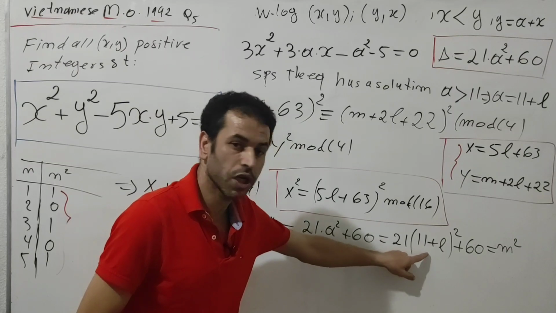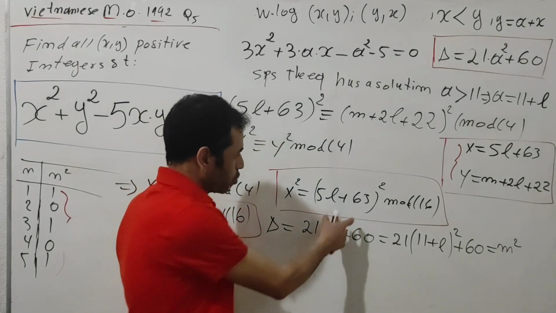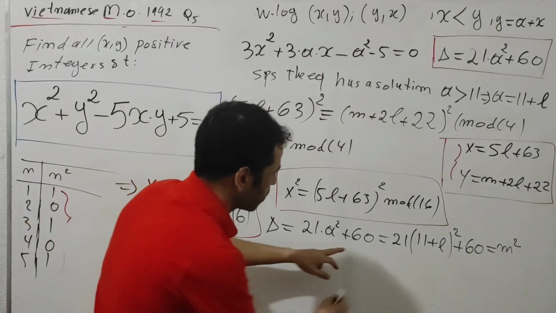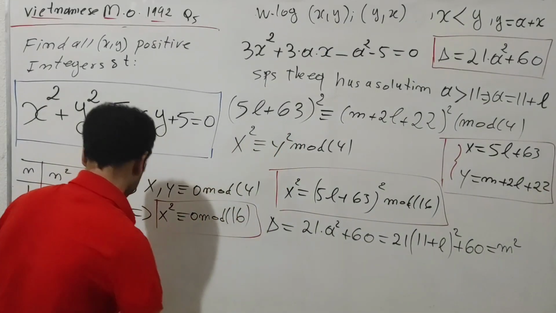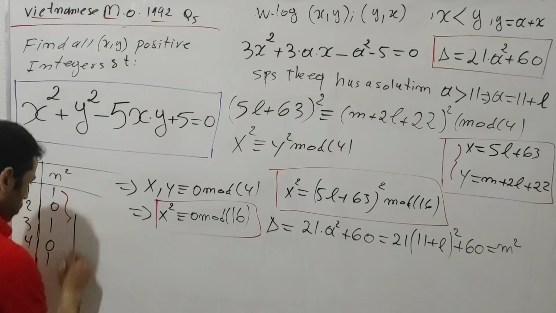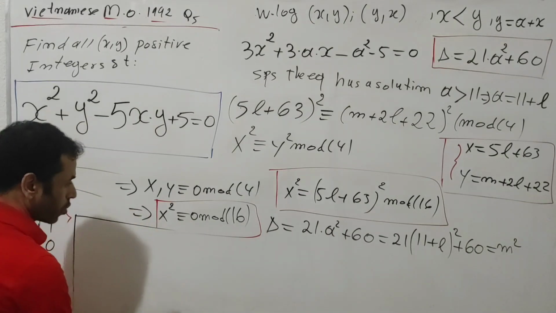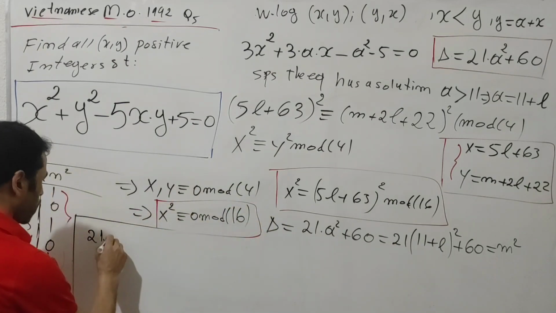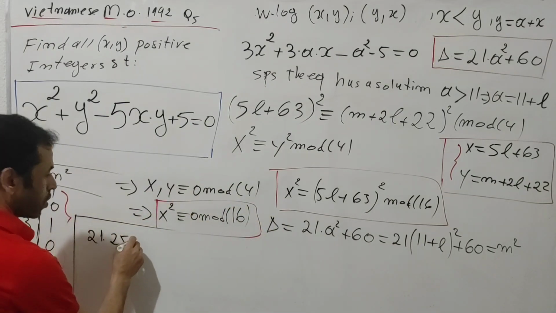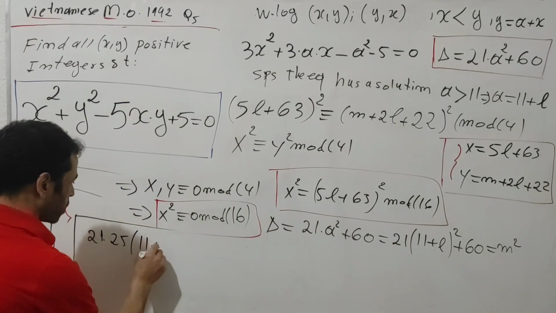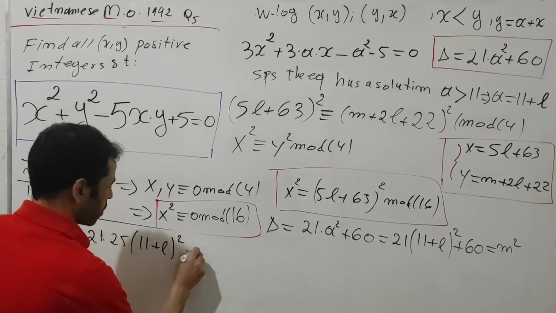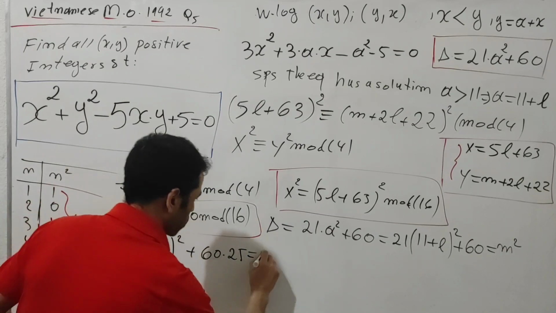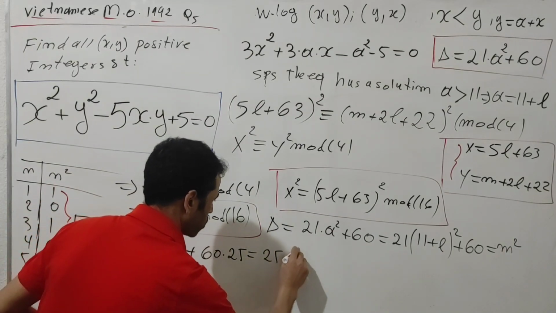So I'm going to use a trick in order to get to this expression similarly. In order to do that, I'm going to multiply both sides by 25. So we'll have 21 multiplied by 25 multiplied by (11 + L) quinary square plus 60 multiplied by 25 equals 25 multiplied by m square.